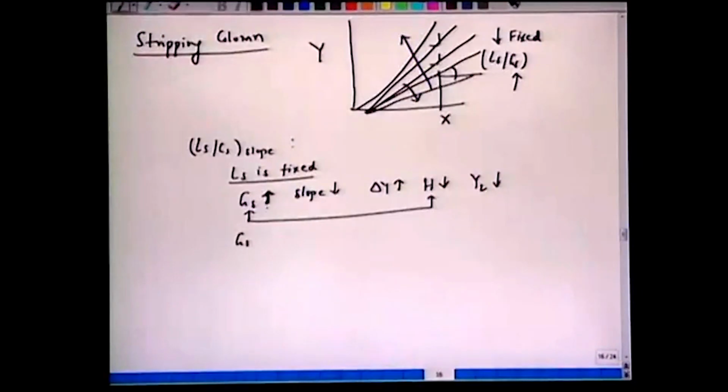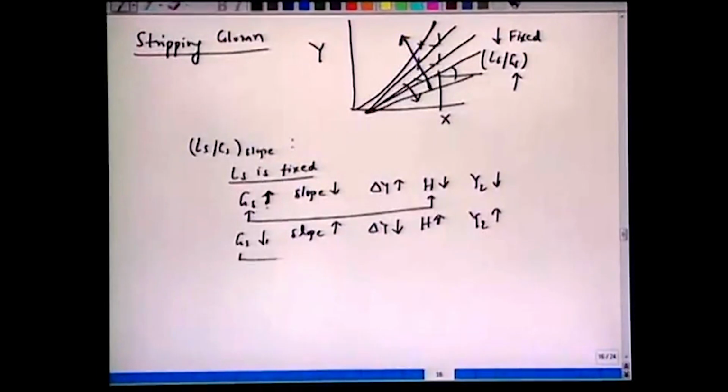If we take a small amount of Gs, then Ls by Gs slope will increase, and it will approach the equilibrium curve, so the driving force will decrease. As this operating curve moves in this direction, it approaches the equilibrium curve, so the driving force at any location, this difference, decreases, height will increase, and at the same time the concentration of y2 in the exit steam will also increase.